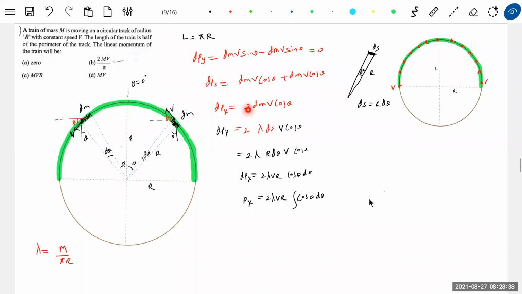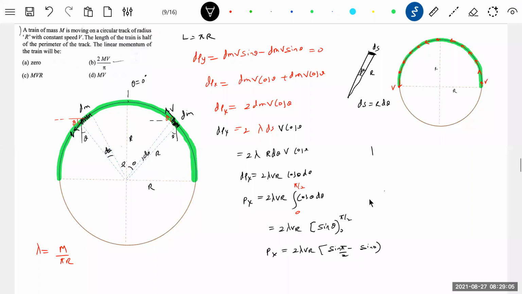Since I assume two elements, 0 to pi by 2. Integral of cos theta gives 2 lambda v r into sin pi by 2 minus sin 0. So the momentum is equal to 2 lambda v r. What is the lambda we assumed? M by pi r.